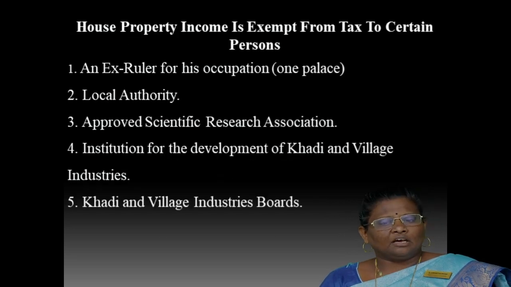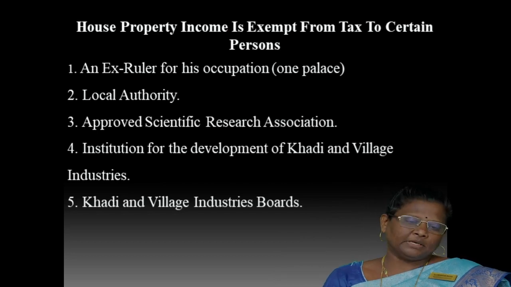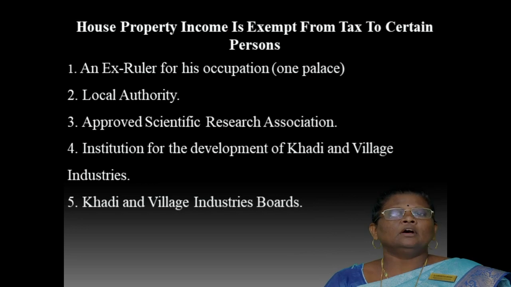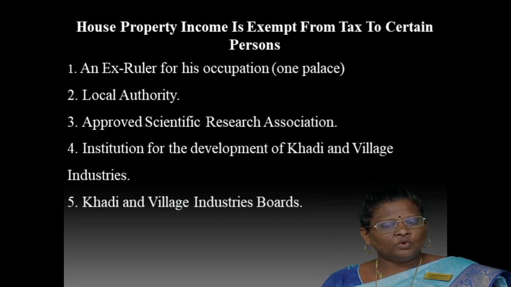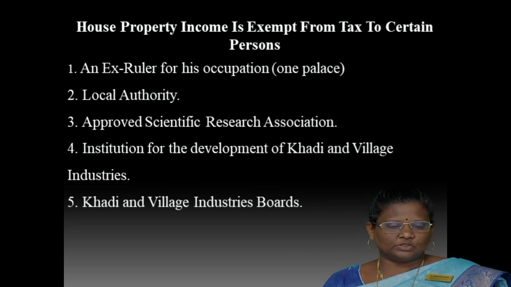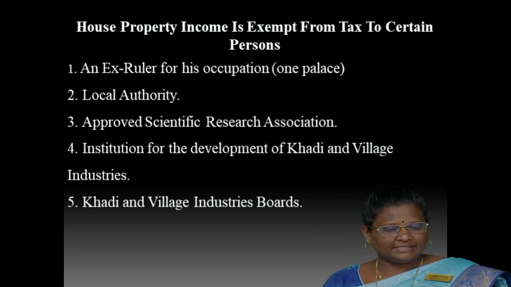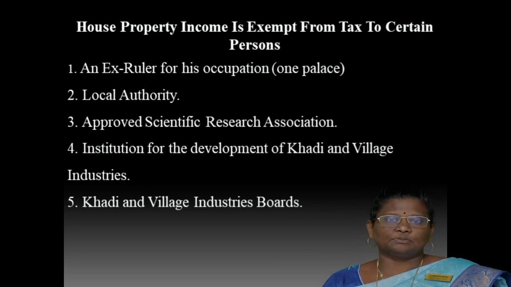Next, there are certain exemptions from the tax to certain persons. What are those? Number one, an ex-ruler for his occupation. Number two, local authority. Number three, approved scientific research association. Number four, institution for the development of Khadi and village industries. Number five, Khadi and village industries board.